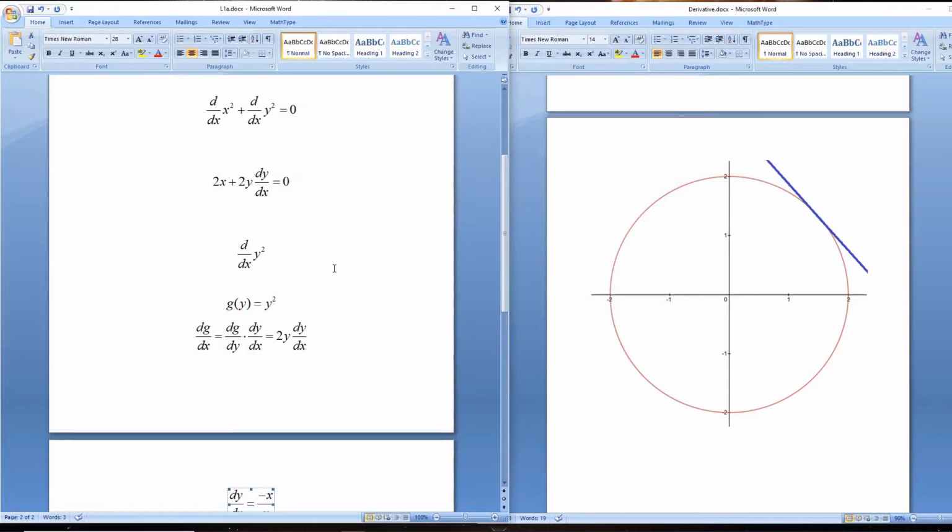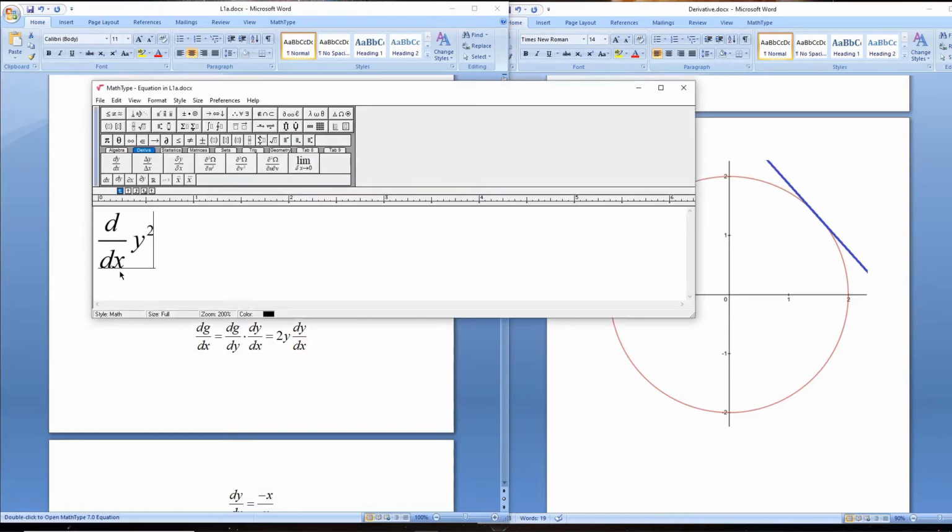So the short story of this right here is if your letters are different, you take the derivative normally, and then the chain rule says you multiply by that derivative with respect to x. So that's the short of it. If the letters are different, x and y, different letters, which mean different variables, you take the derivative normally, so y squared is 2y, but then the chain rule says you have to multiply by the derivative of the argument.